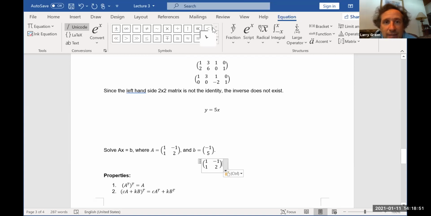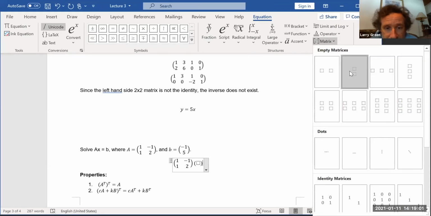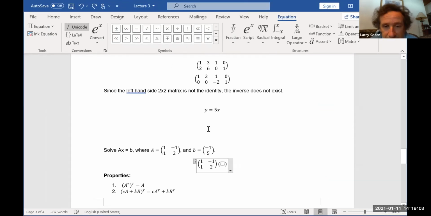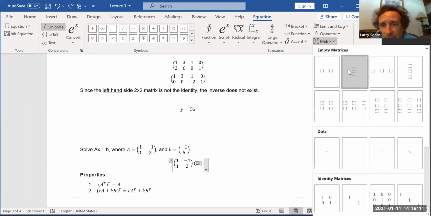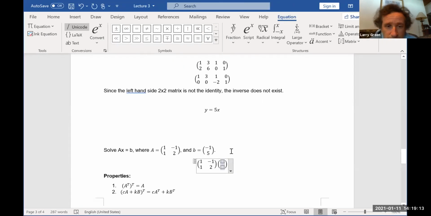That times x, let's call it (x, y), equals [-1; 5]. I think it'll let me do this.